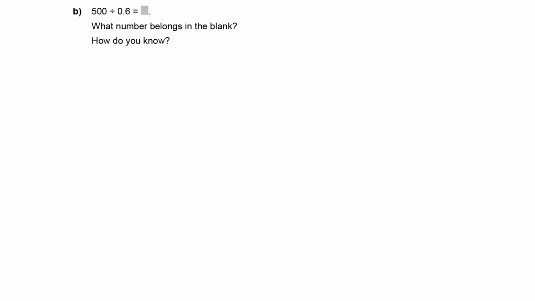Well, let's start off with the long division method. 500 divided by 0.6. Since we don't want to deal with the decimal there, we're going to change it to 6 from 5,000. 6 into 50 is 8 times 6 is 48. 50 minus 48, 2. Bring down the next 0. 6 into 20, 3 6s are 18.